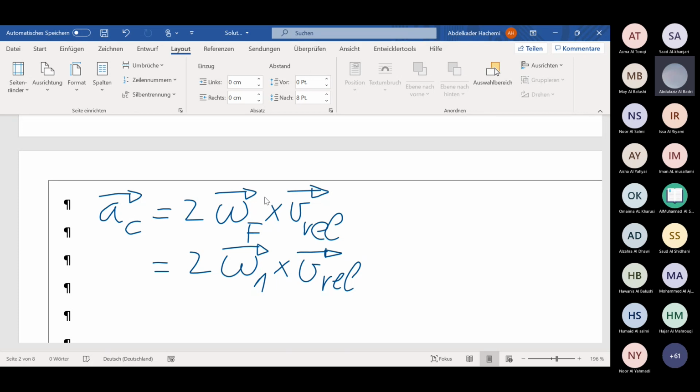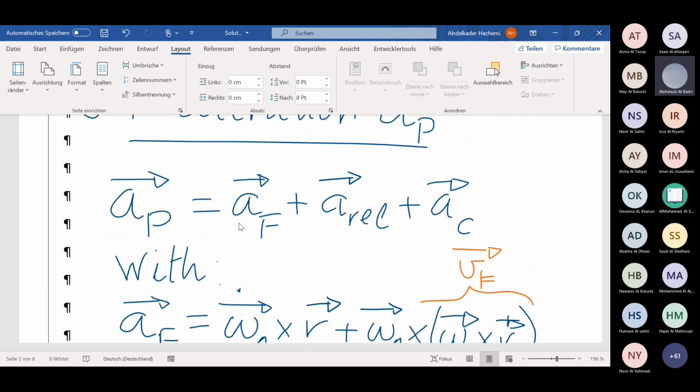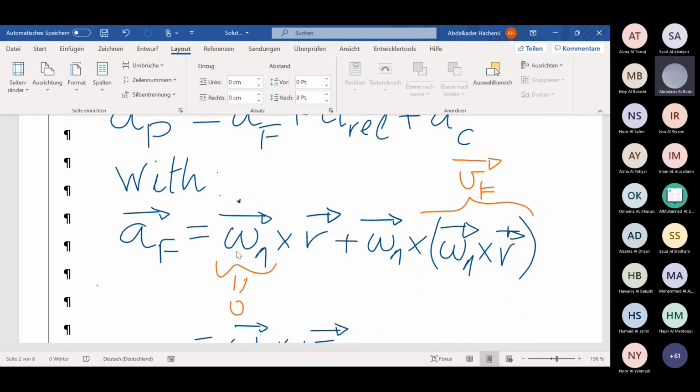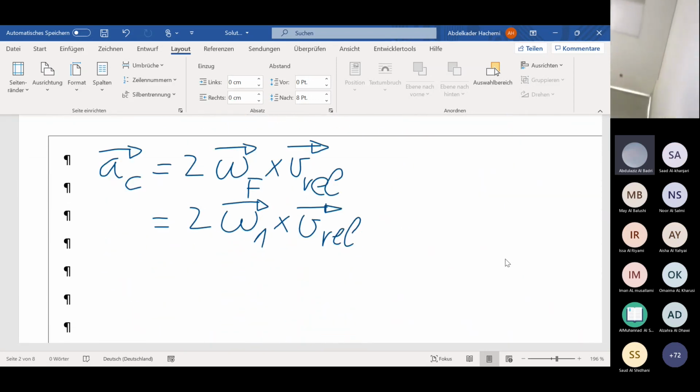Now this expression is given in general, it's always omega F. If you look to the notes, A F is omega dot F cross R plus omega F cross omega F cross R. In our case, for this example, omega F is only omega 1.